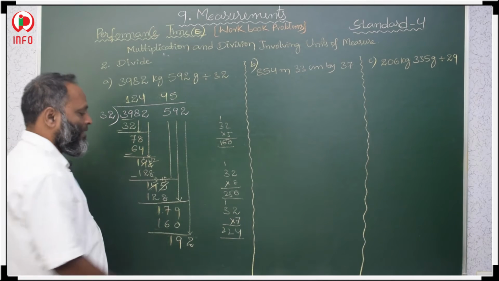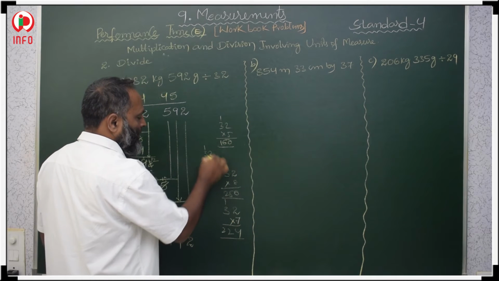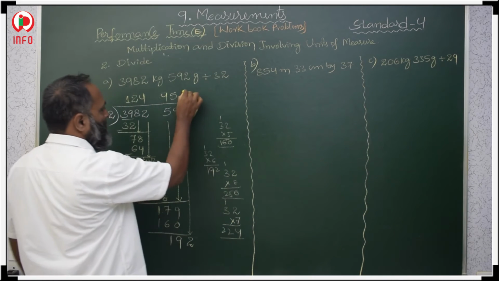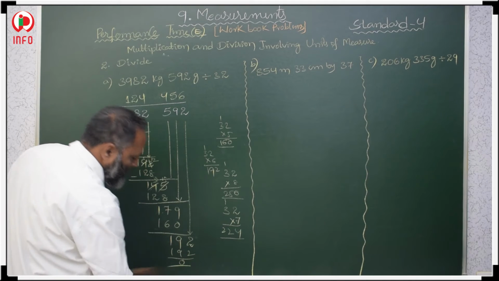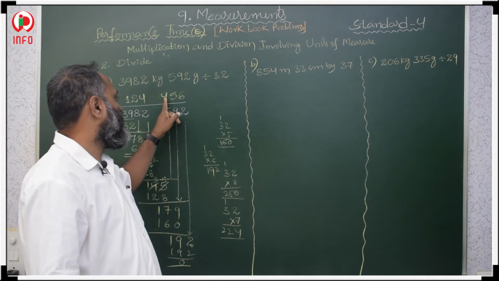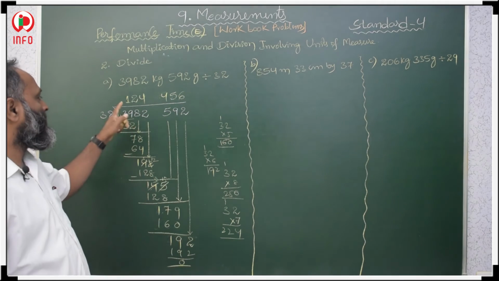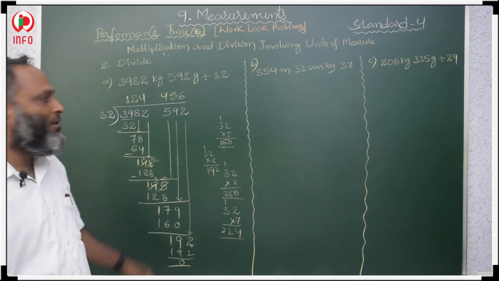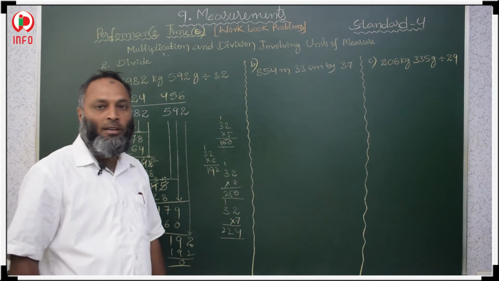Then 32 6s are, 6 2s are 12, 6 3s are 18, 19, 192. It means 124 kg 456 grams, okay.